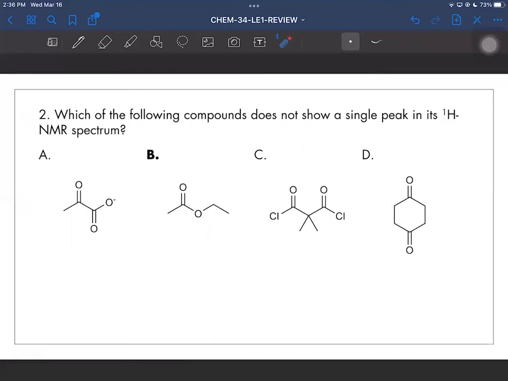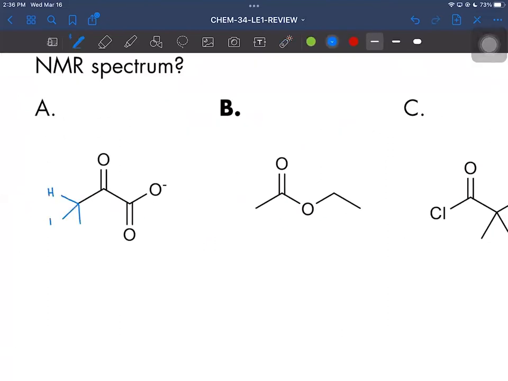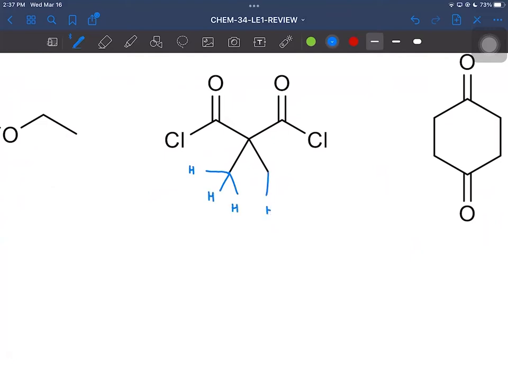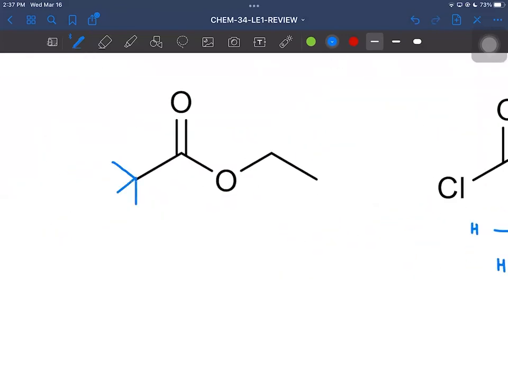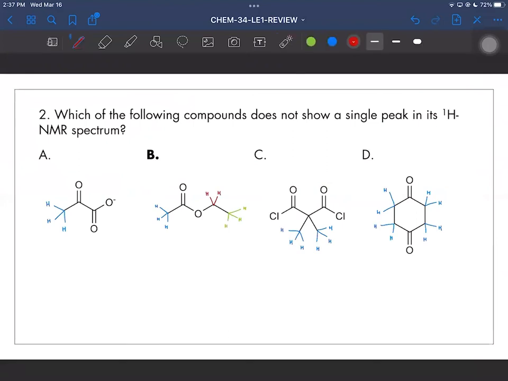And let's label those hydrogens now. So pinakita lang natin yung hydrogens na meron yung compounds natin. So let's go to choice letter A.